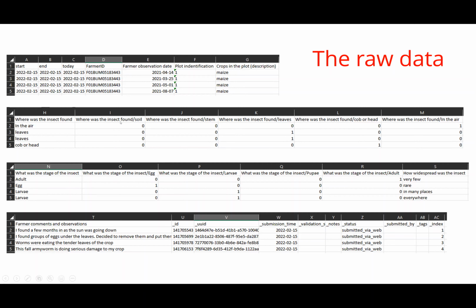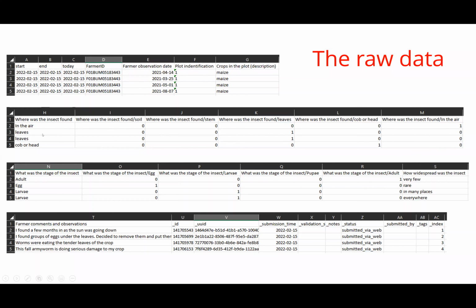Where was the insect found? If it was in the soil, in the stem, on the leaves, and the head, or in the air, it is here as a variable, but it's here as 0, 1s, and ODK prepares this automatically for us.